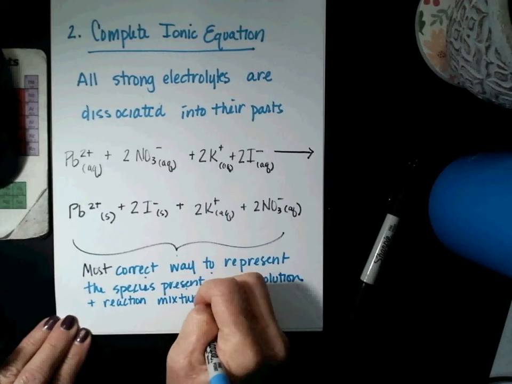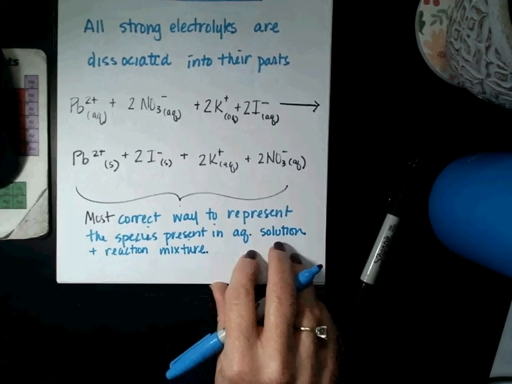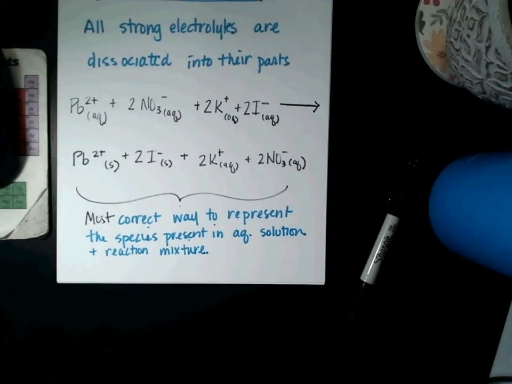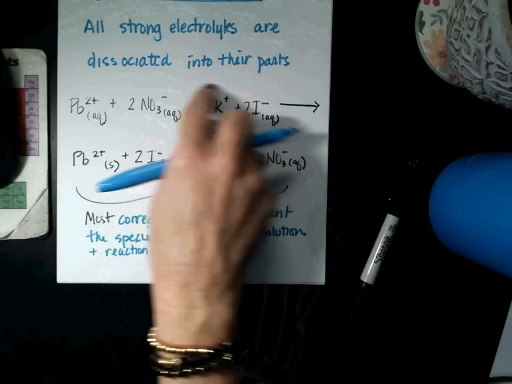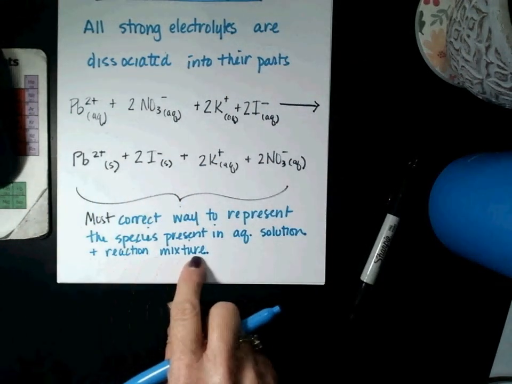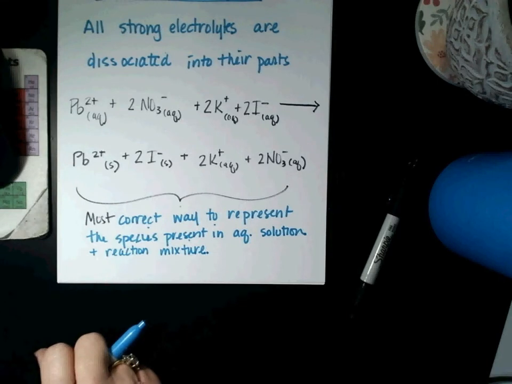And we call that a mixture when those solutions come together for the reaction. It's a little bit different than how we normally think of a mixture. So each one of these would be called a species within the reaction mixture.